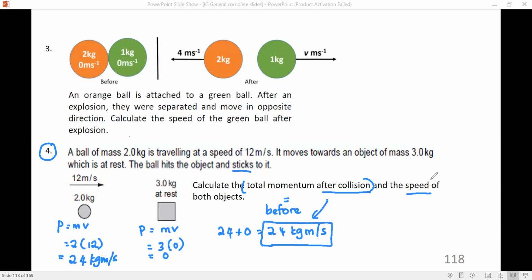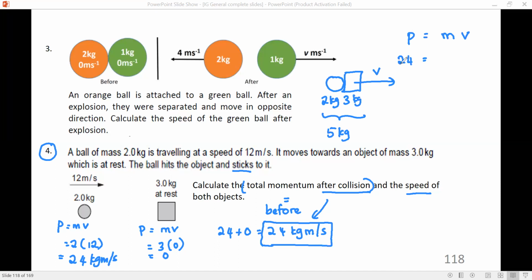Now the question is asking about the speed. We know the momentum before is equal to after. After the collision, they stick together and move together with the same speed. This one is 2 kg, this one is 3 kg, so the total mass here is 5 kg. According to the formula p equals mv, the momentum we know is 24.